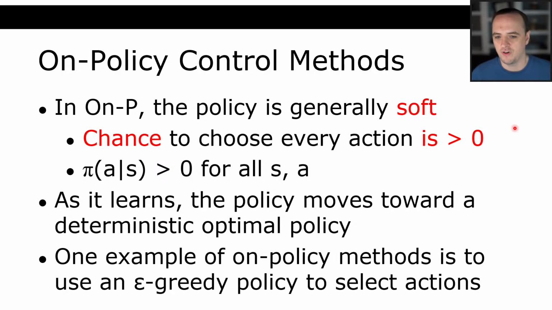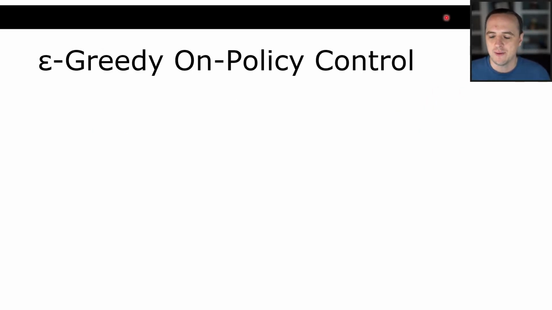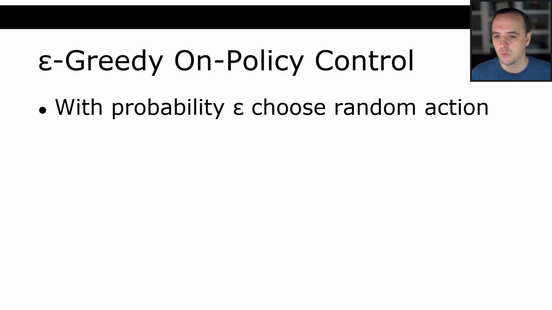One example of on-policy methods is to use epsilon greedy to select actions. Okay, so epsilon greedy is an example of a soft policy because we always have at least a chance to take any of the actions. So epsilon greedy on-policy control. We talked about this already, but with probability epsilon, we choose a random action, right?